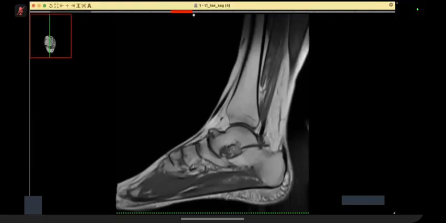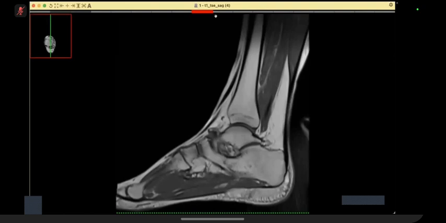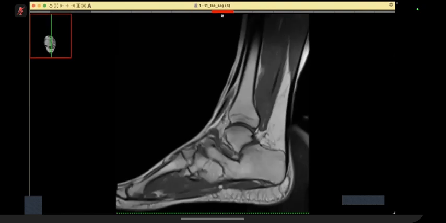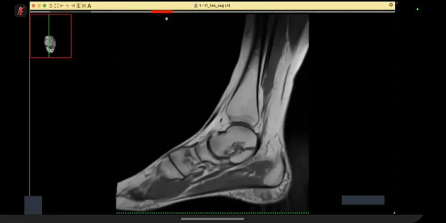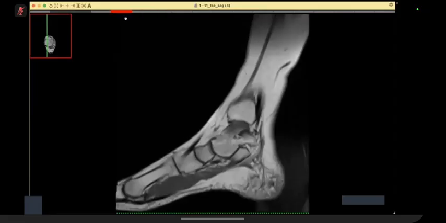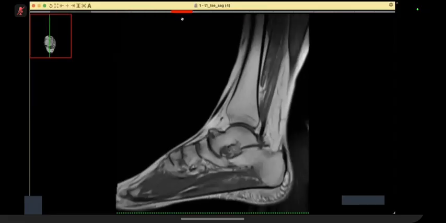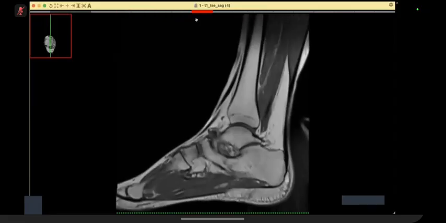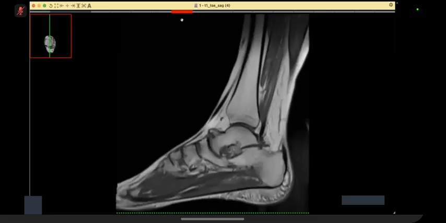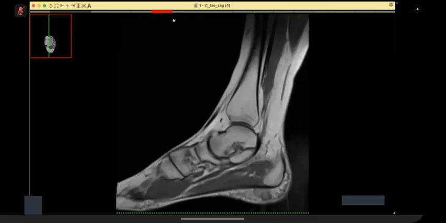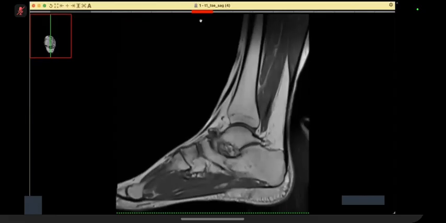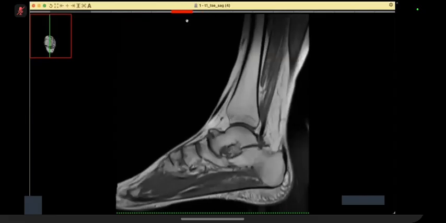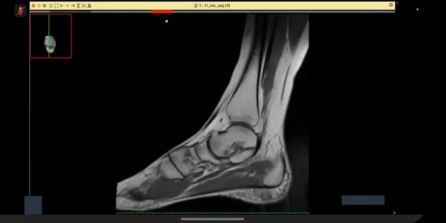So I'm presented with MRI of the foot and ankle in sagittal T1. The previously seen abnormality on the radiograph is again demonstrated in the anterior aspect of the talus. The marrow returns a different signal when compared to the rest of the talus.